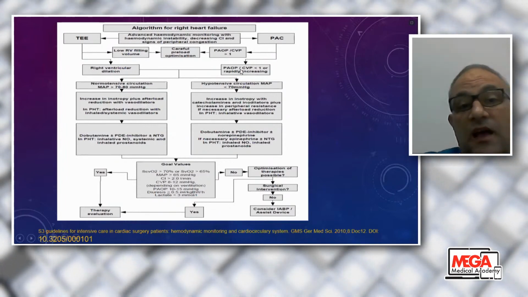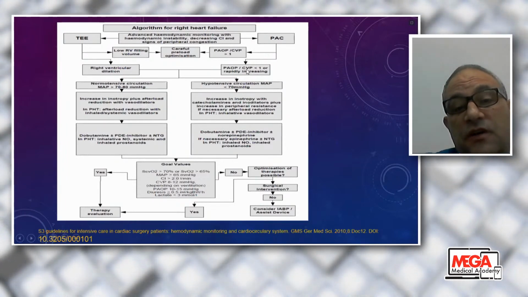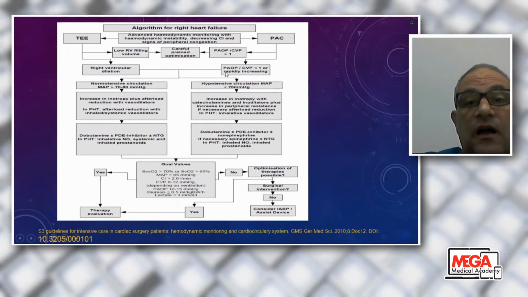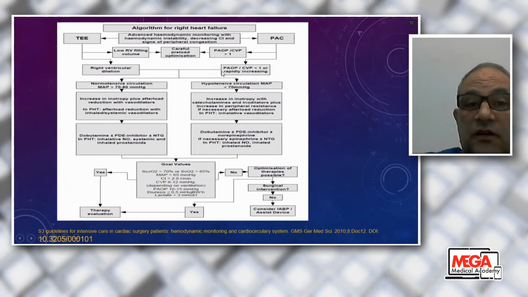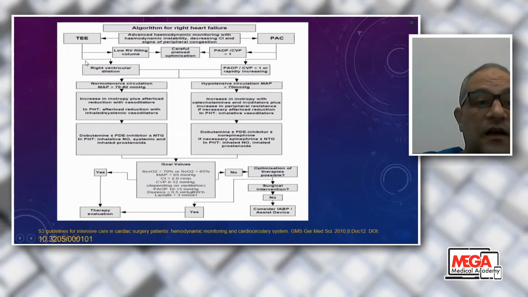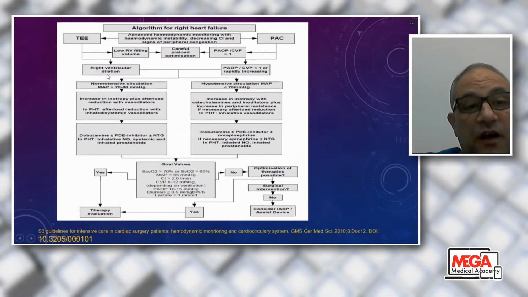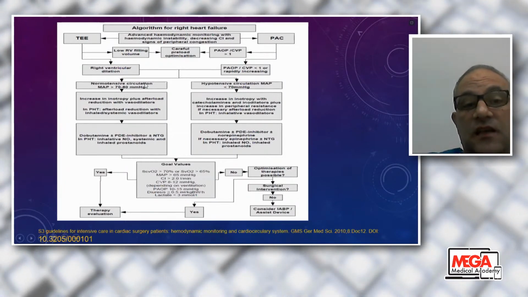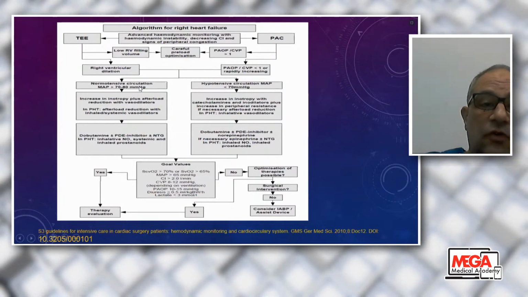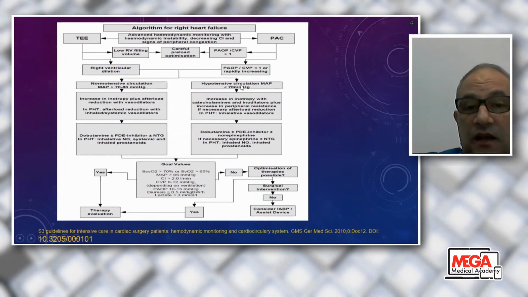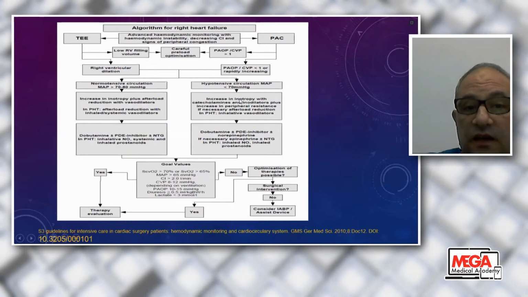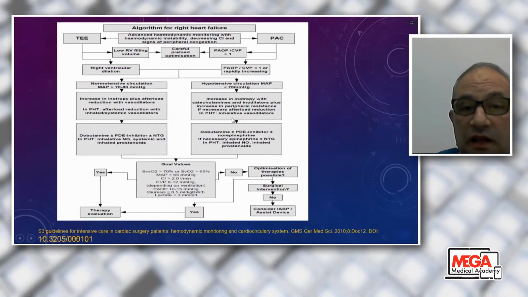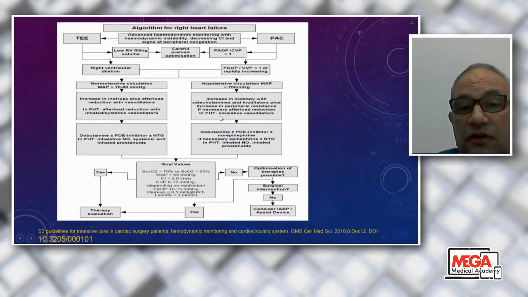However, if I find that pulmonary artery occlusion pressure is less than the CVP, or a rapid increase in pulmonary artery occlusion pressure, or I find right ventricle dilatation by transesophageal echocardiography, I will assess the hemodynamics of the patient. Is he hypotensive or is he normotensive? If he is hypotensive, I will add inotropy by catecholamines and inodilators, plus increasing the peripheral vascular resistance.